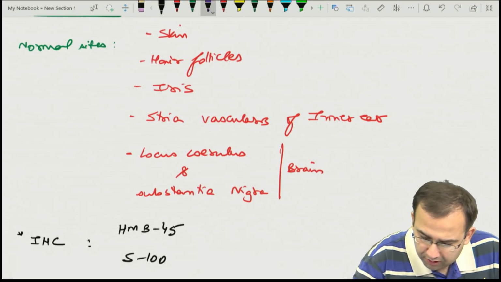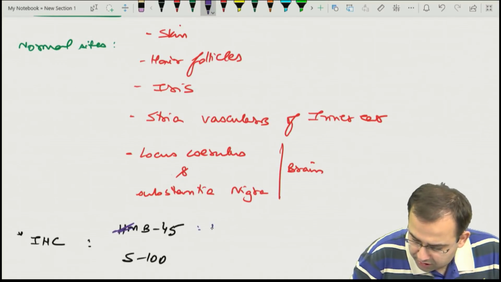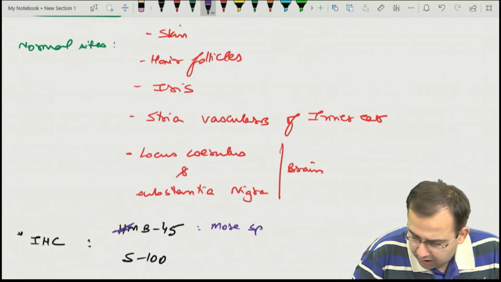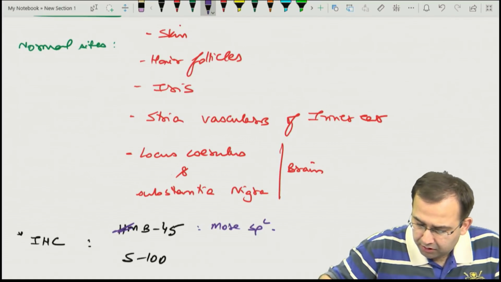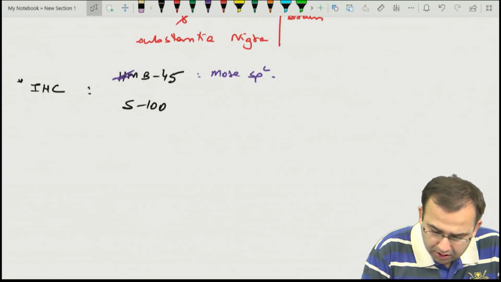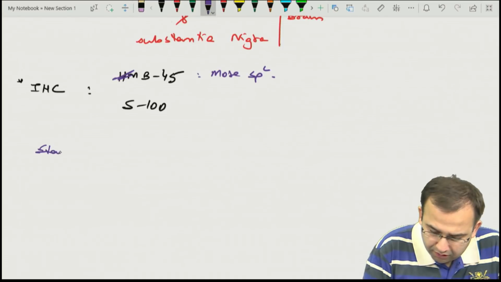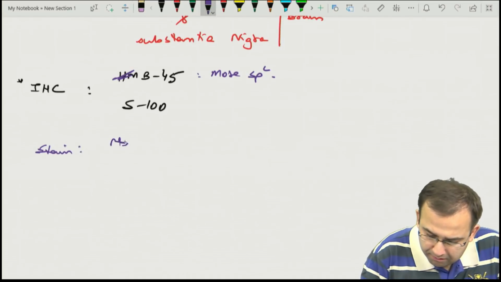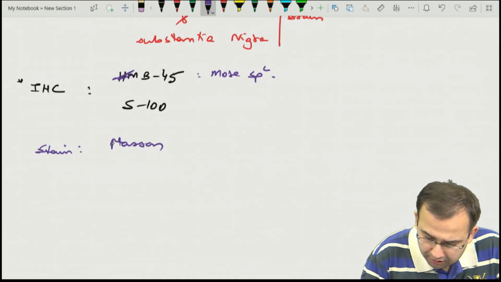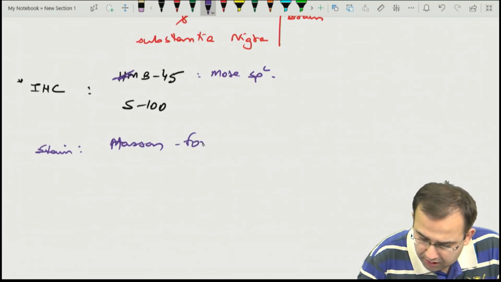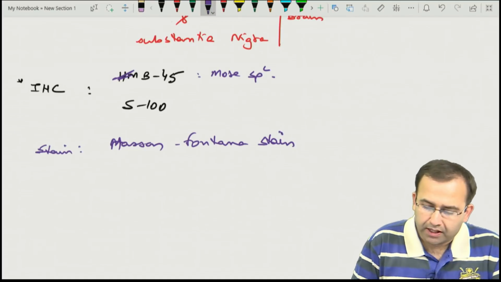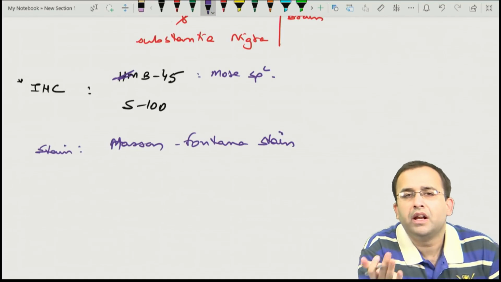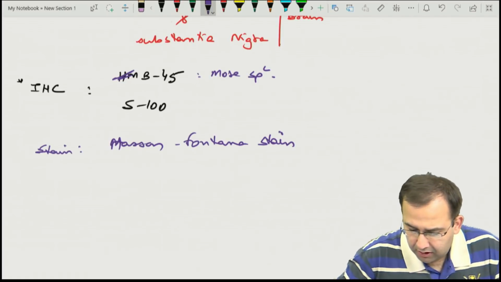More specific for melanin, HMB45. Next point, the stain used for melanin is the Masson-Fontana stain.